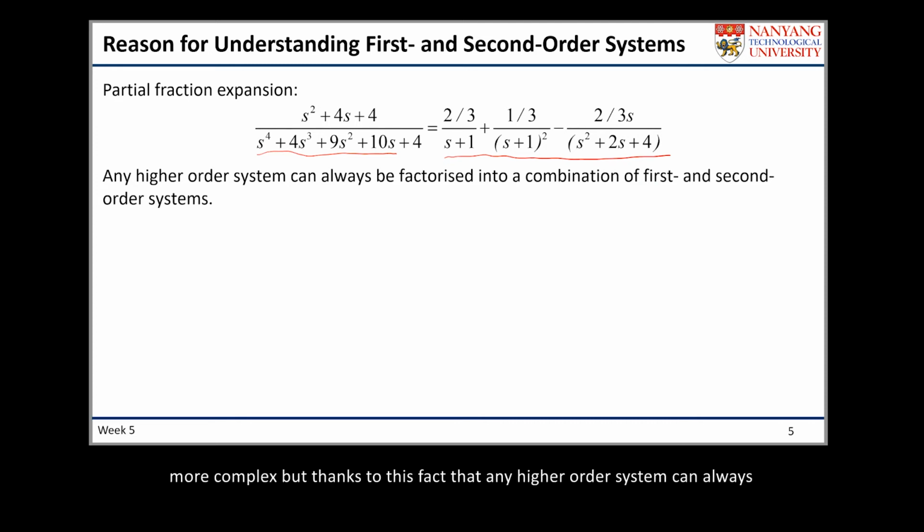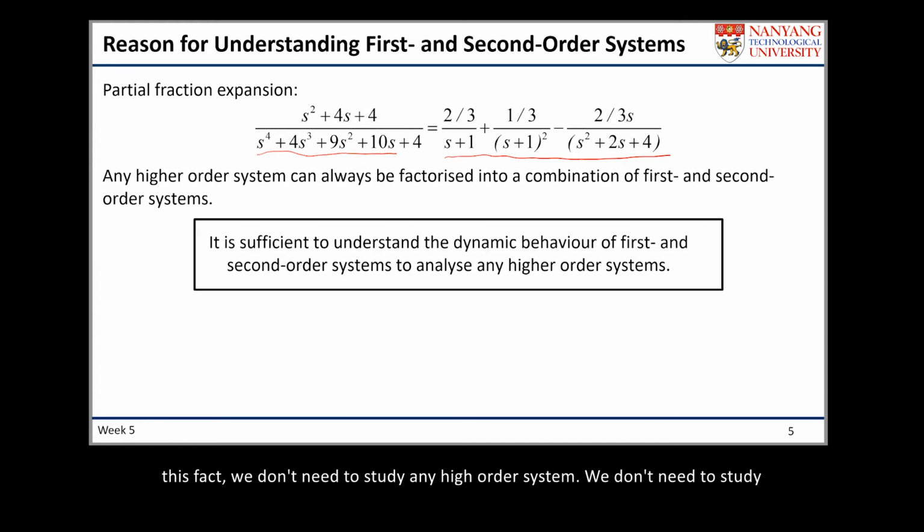But thanks to the fact that any higher order system can always be factorized into a combination of first order and second order systems, we don't need to study any higher order system. We don't need to study 3rd order, 4th order, 10th order, 100th order, 1,000 orders.